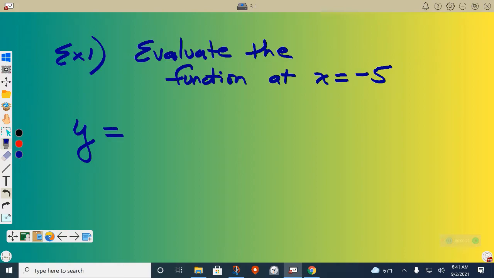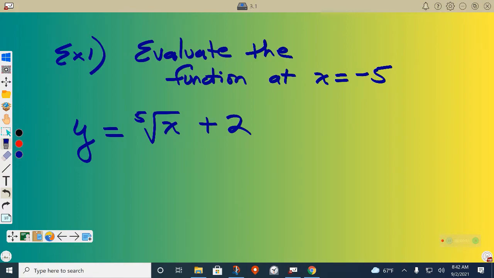Y equals the fifth root of x plus 2. Evaluate the function at x equals -5.